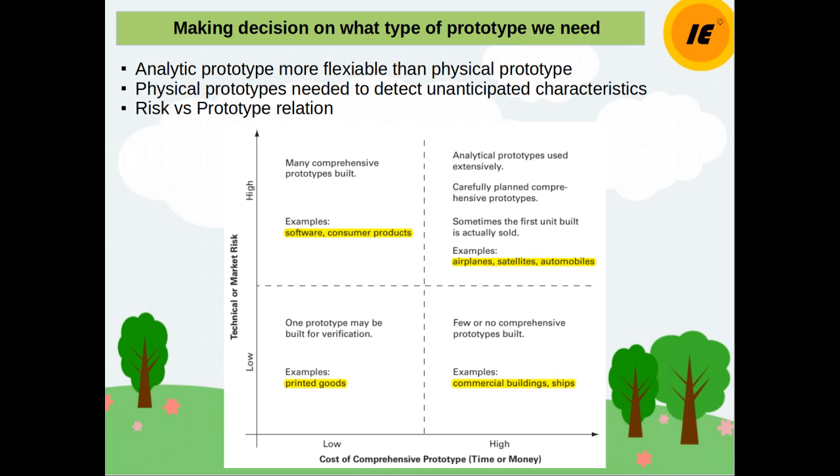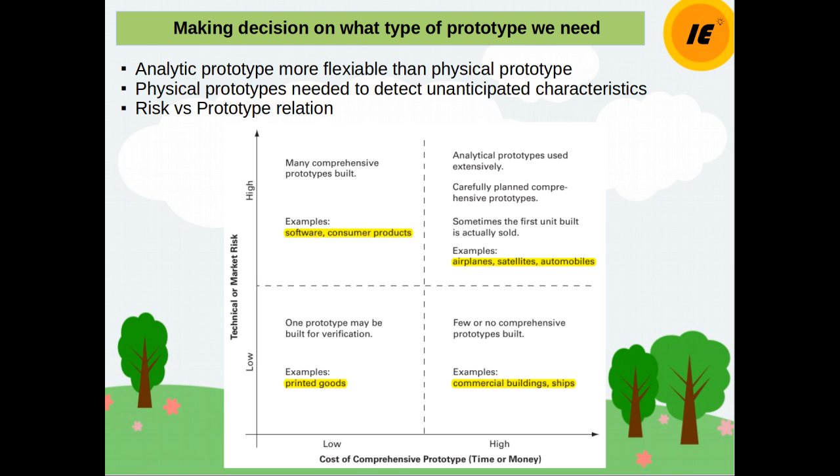Here you will understand that depending on the technical and market risk and the cost, high to low, you can choose different kinds of prototype. Let's explain this graph here.